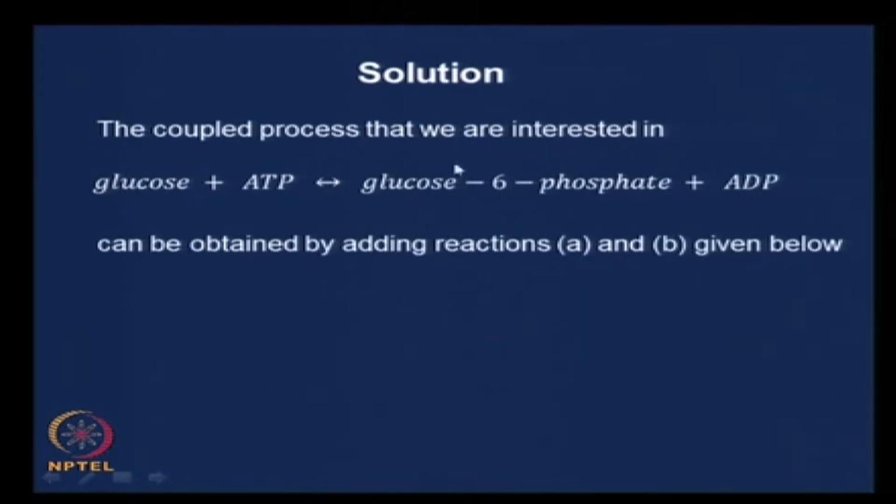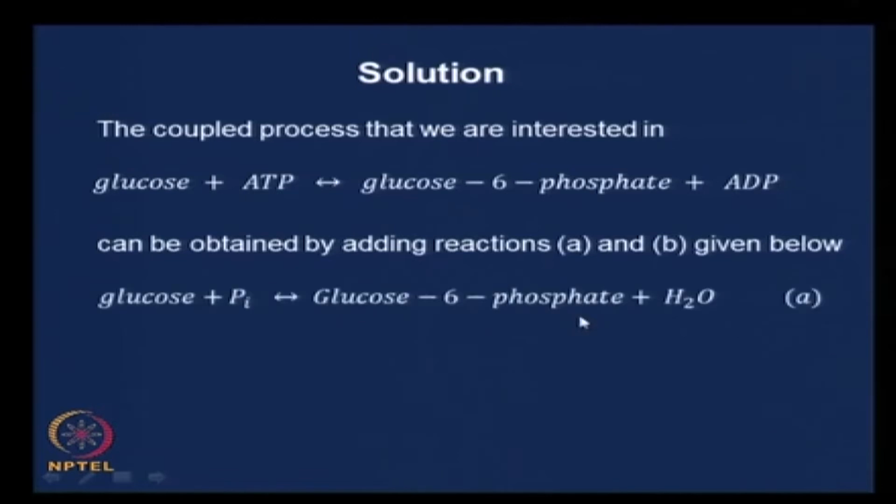This particular reaction can be obtained from the two reactions given in the problem statement itself, just by adding them appropriately. The glucose plus phosphate giving you glucose 6 phosphate plus water is reaction A. This is of course not given as it is written here in the problem statement, and ATP plus water, the hydrolysis of ATP, to give you ADP plus Pi.